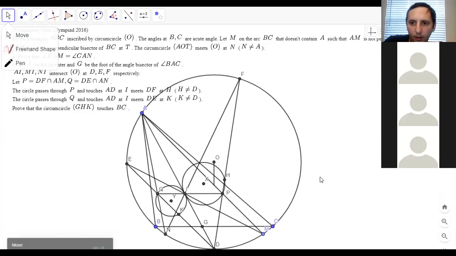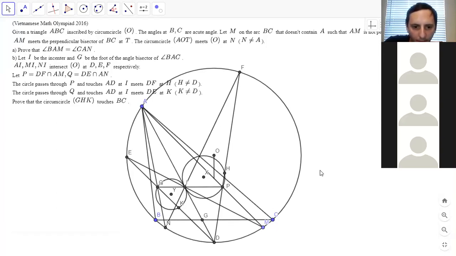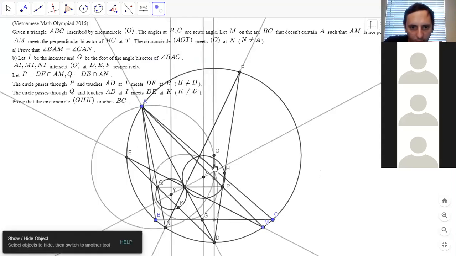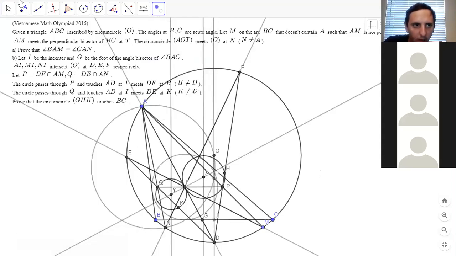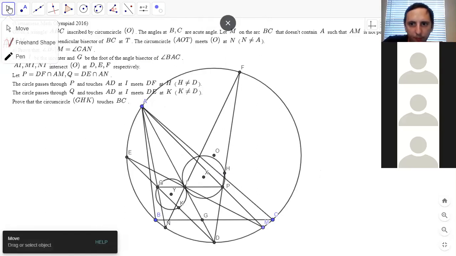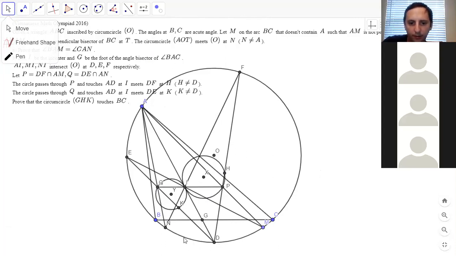So Pascal on DDFNMA. Okay, because N and M are symmetric about OD. Let me hide this little section right there. And so basically, PQ and the point at infinity on the tangent through D are concurrent.